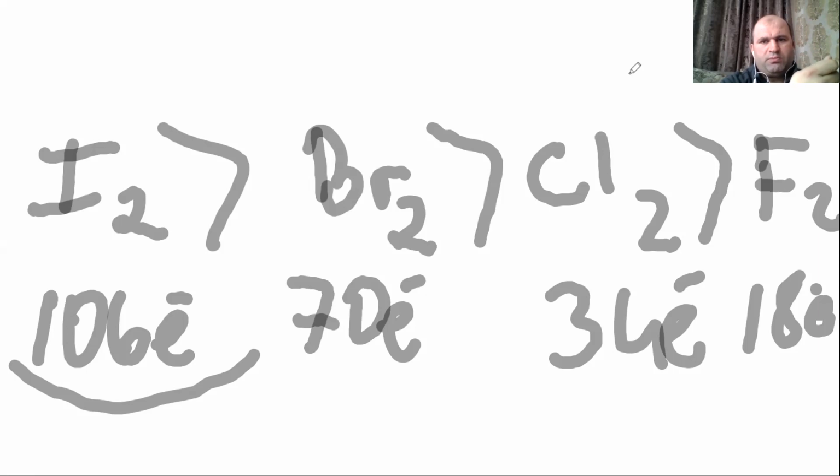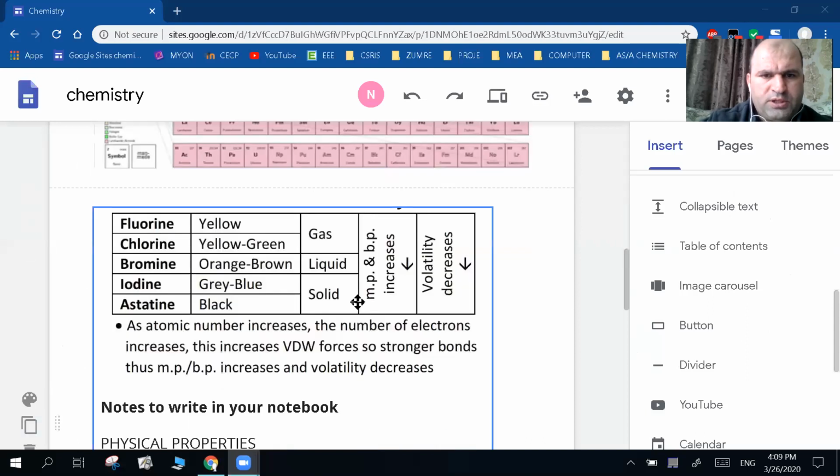The trends in physical properties are all related to the strength of van der Waals forces. Melting and boiling points increase down the group, and the strength of van der Waals forces also increases down the group.